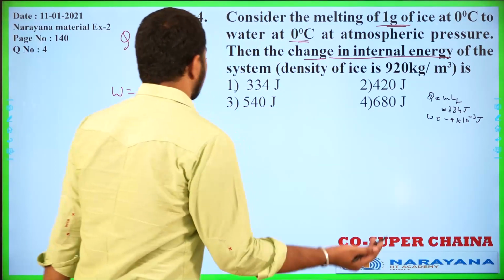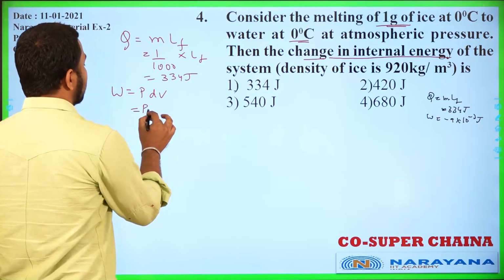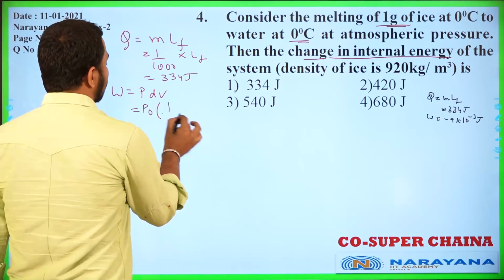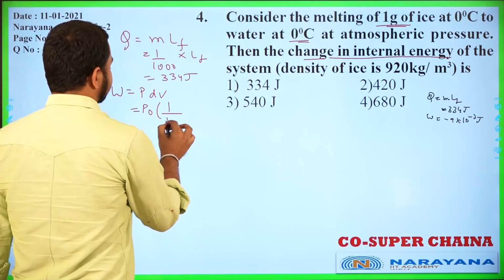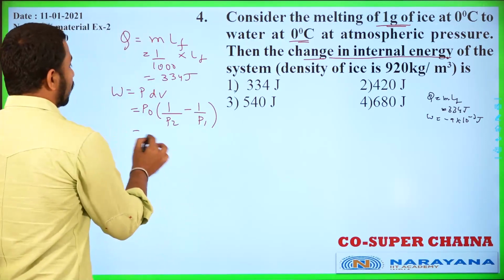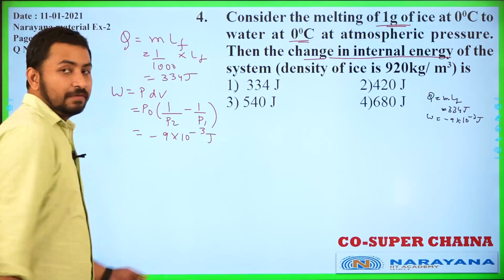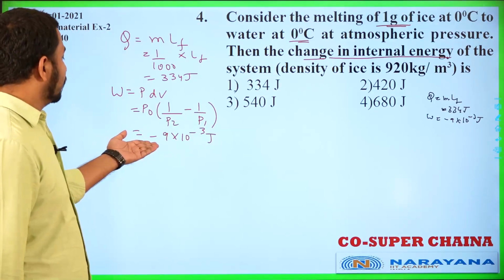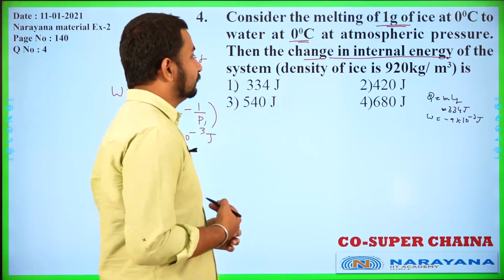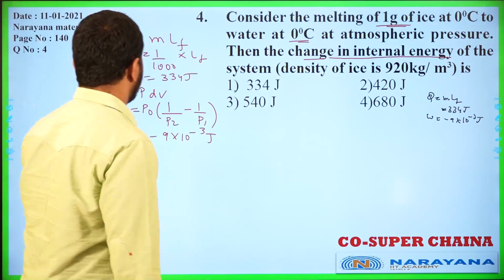Like the previous one, the atmospheric pressure here we will take as P naught, and here 1 gram of ice, so 1 by rho 2 minus 1 by rho 1. Just substitute the values and we will get work done as minus 9 into 10 to the power minus 3 joule. Densities are given here, so we will use the density of ice and water for the change.